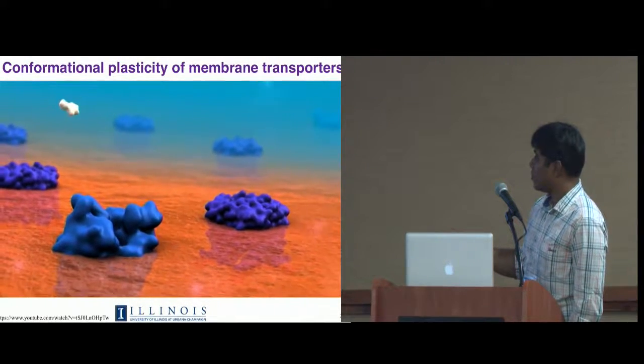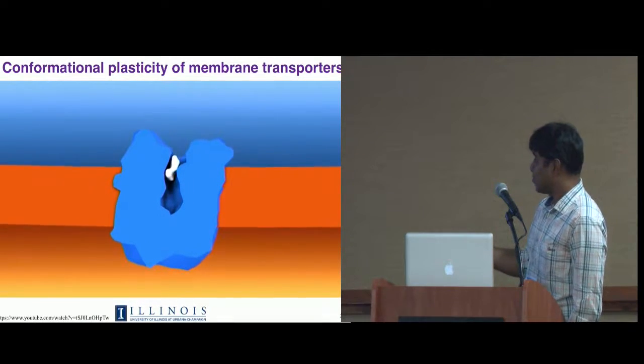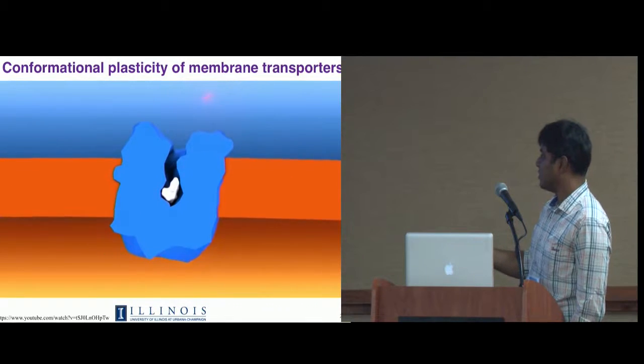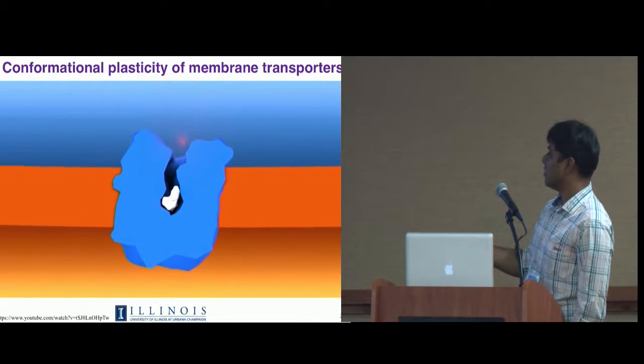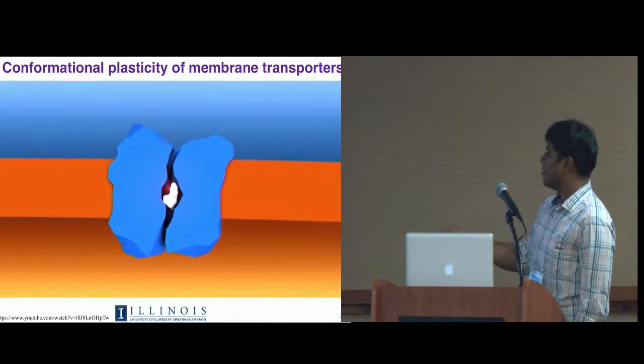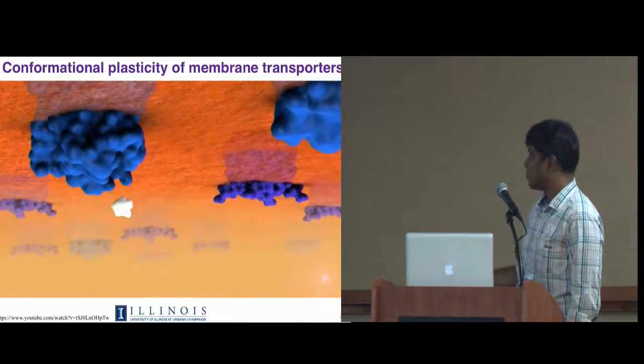This molecule is recognized by the transporter. And since this molecule is transported against the concentration gradient, it needs additional energy, which it gets in the form of a proton. Binding of the proton involves conformational changes such that the molecule is transported into the cell.